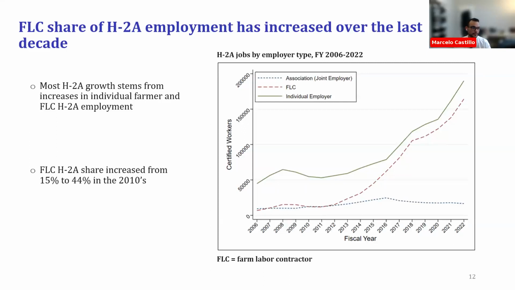There's little to no growth coming from growers associations. While individual employers receive most H2A jobs over the entire period, the gap between the jobs going to farmers and FLCs has narrowed quite a bit. As a result, the share of all jobs going to FLCs increased from 13% in 2006 to 44% in 2022, so almost half.